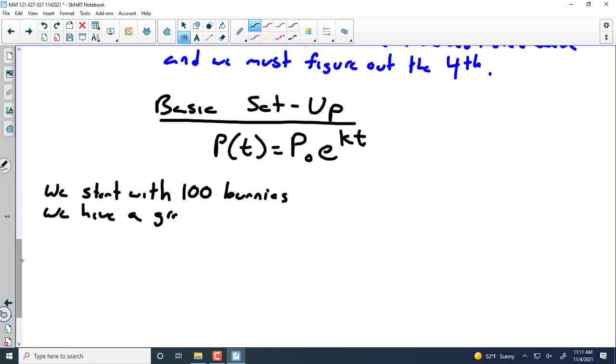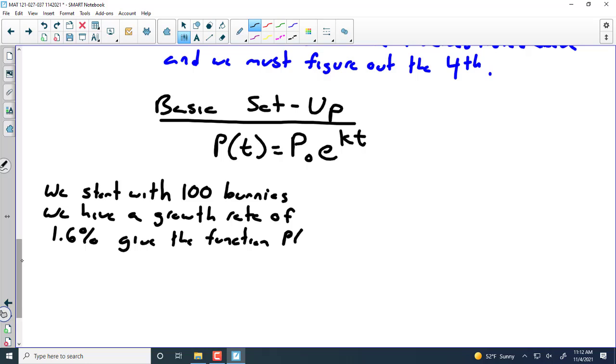We have a growth rate of 1.6%. Give the function P of t with t as the variable.